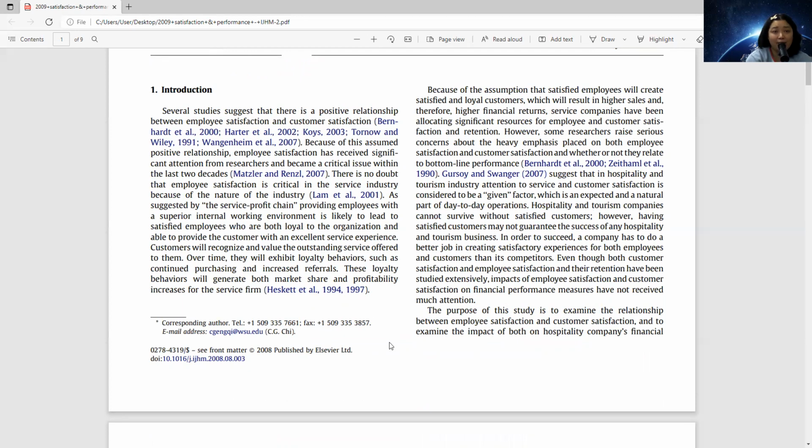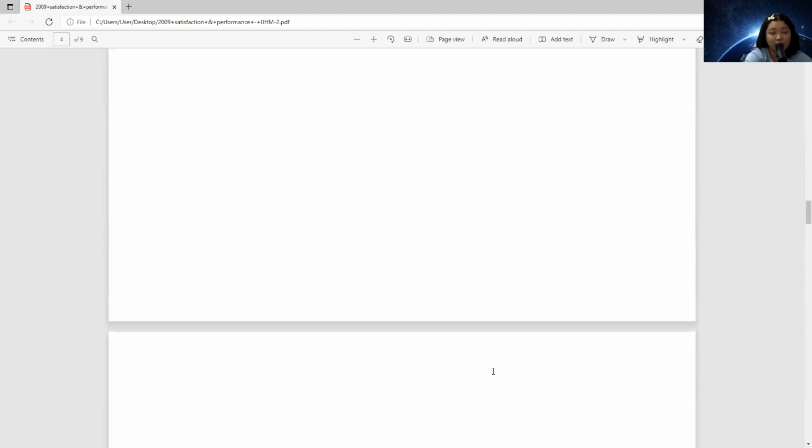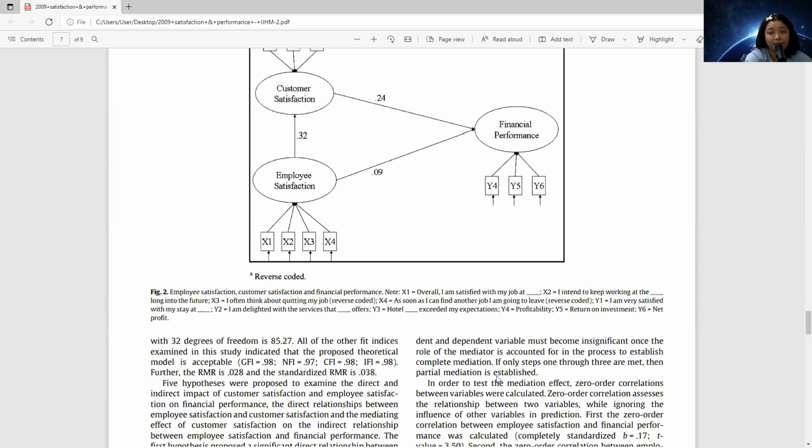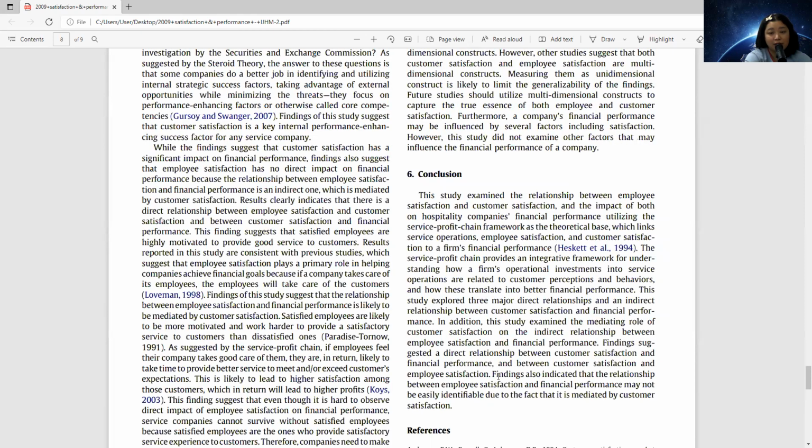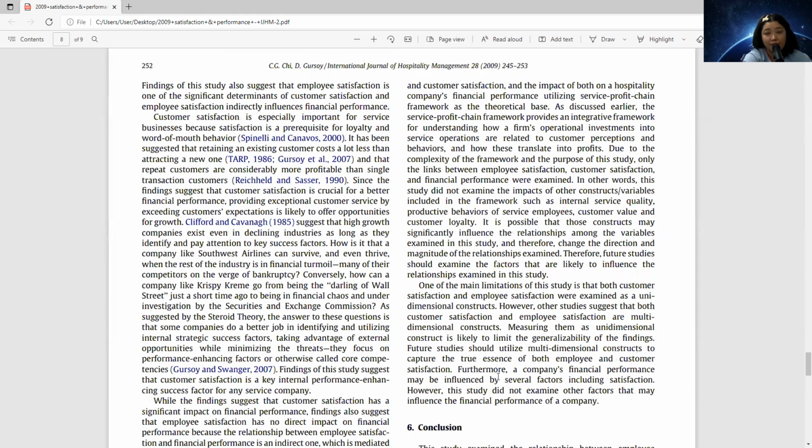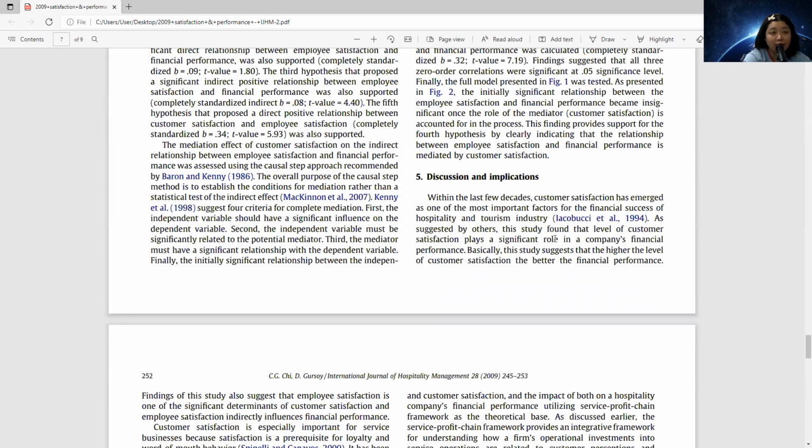And then I might jump all the way to the discussion section to learn about the limitations of this study, maybe the main finding, what the researchers themselves think about the finding, and the implication for the field.